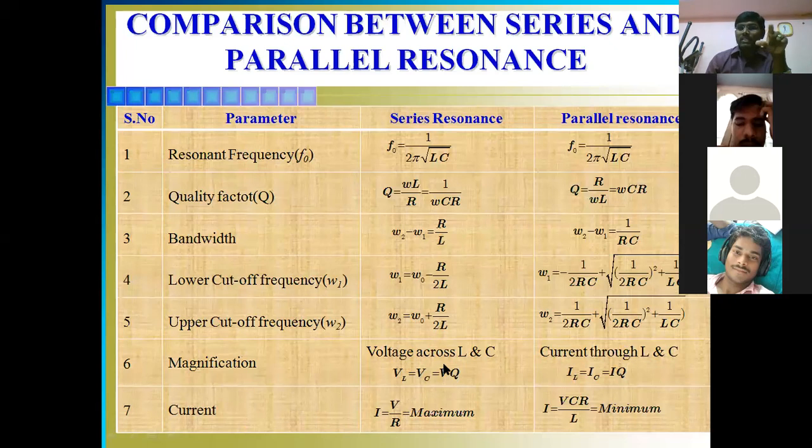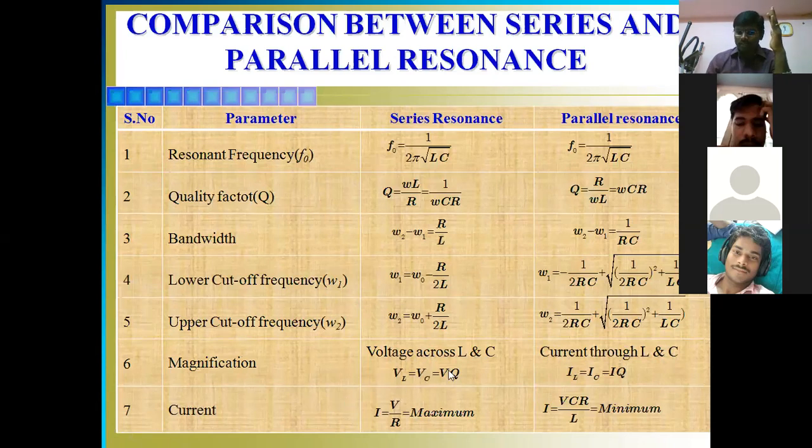At the same time, VC is also equal to 100. What is the total voltage? The voltage across inductor and capacitor together is equal to 0 only, so you need not bother about the total voltage. The output voltage may not be greater than the input, though the voltage across the inductor and capacitor are much larger than the input.